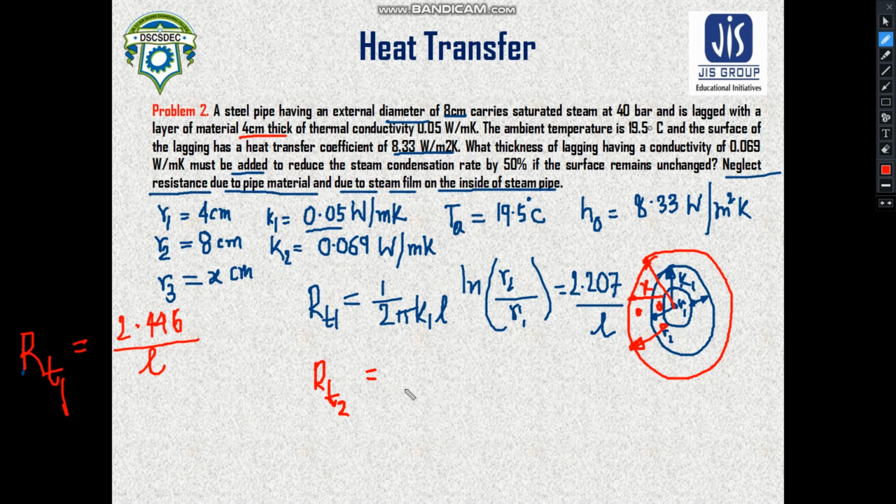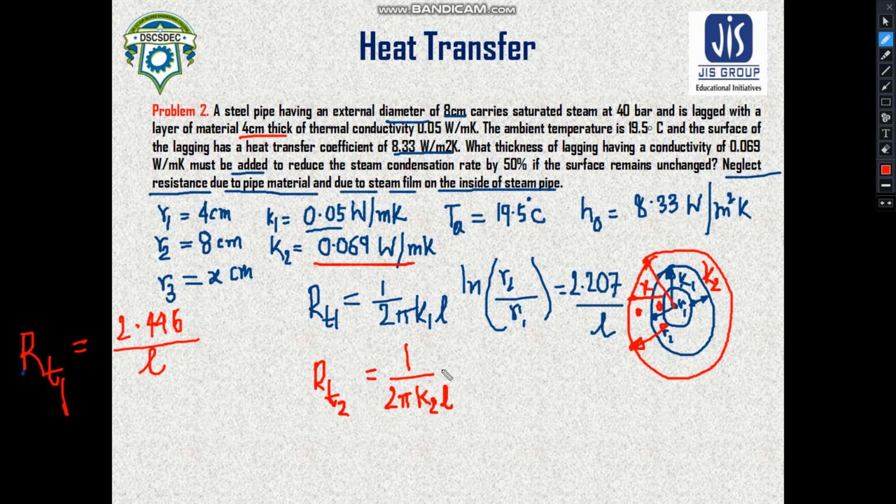So the net thermal resistance can be calculated as 2 pi. We understand that the x centimeter thick insulation layer which we are going to provide, which would reduce the condensation heat transfer by 50%, has a separate thermal conductivity, and we take this thermal conductivity as K2, and you know that this K2 is 0.069 watt per meter Kelvin.